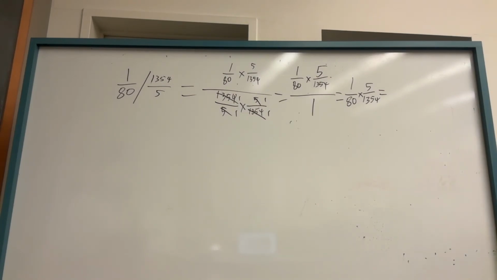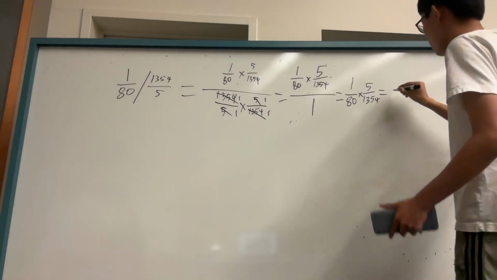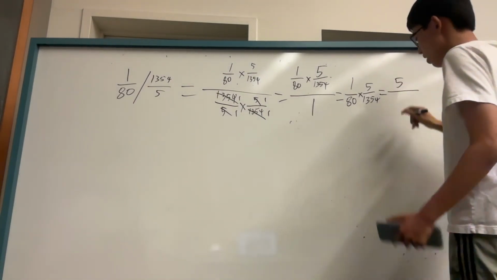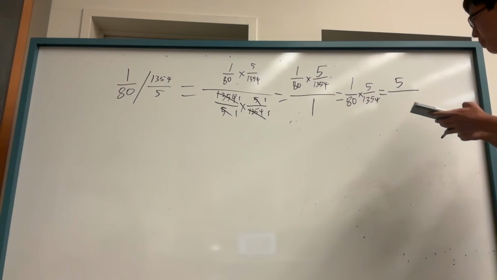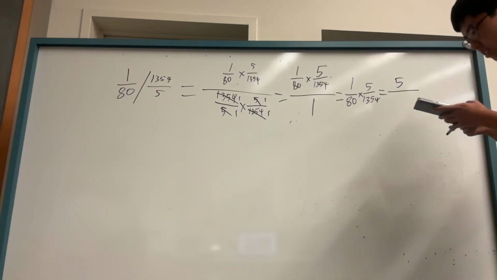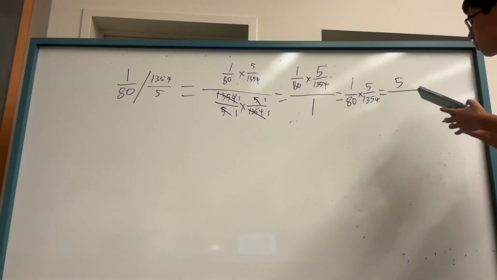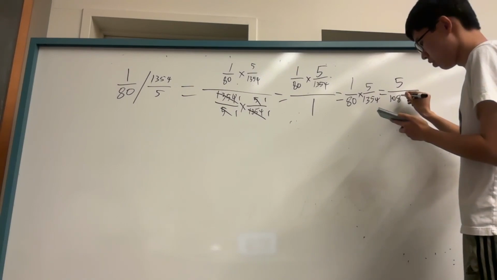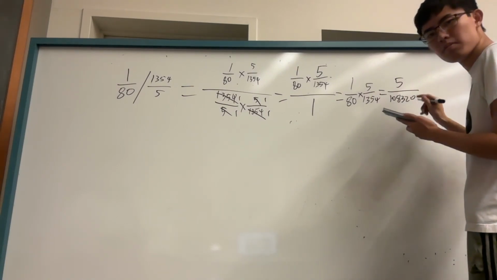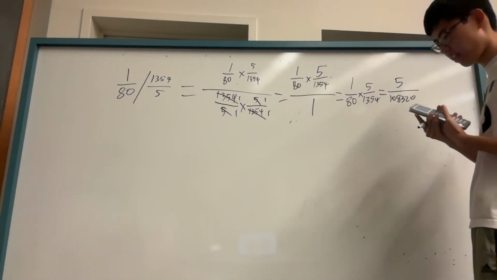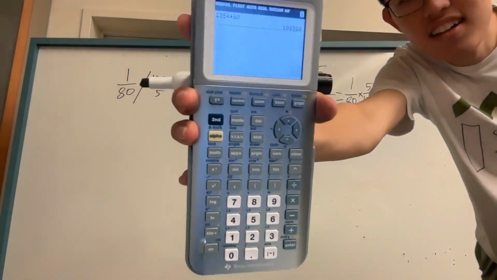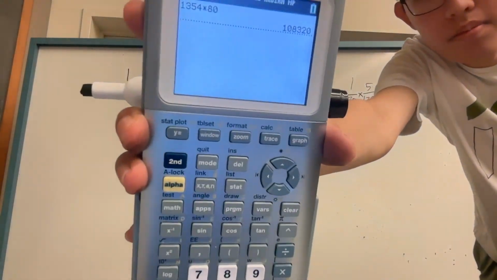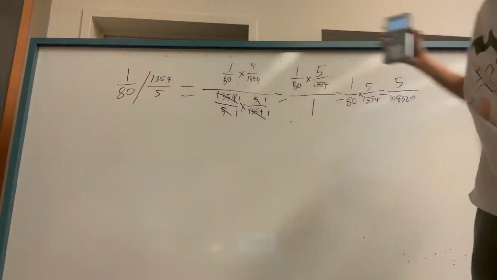To solve this, we just multiply across. First, the numerator is obvious. The denominator, I recommend using a calculator. I don't think you can see it. Okay, now it's better. You saw it.